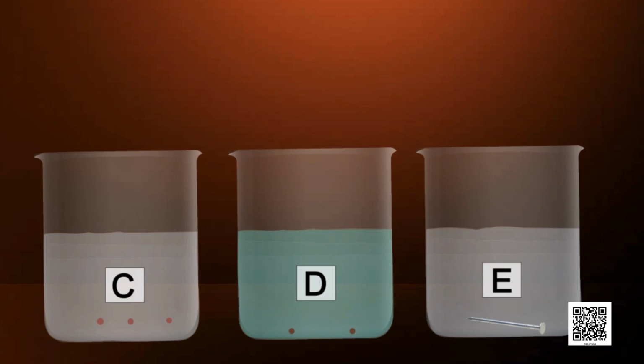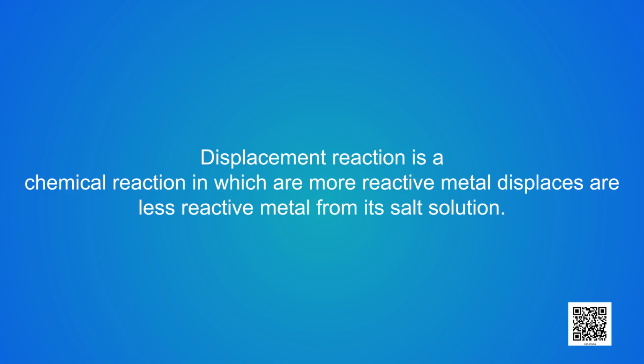Whereas in beaker D, we have iron sulfate solution and copper turnings. As iron is more reactive than copper, copper cannot displace iron from iron sulfate solution.